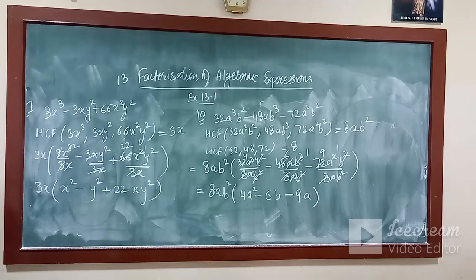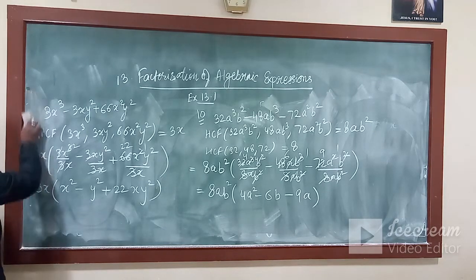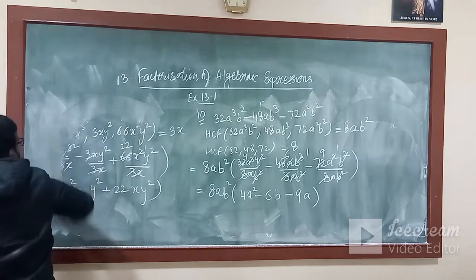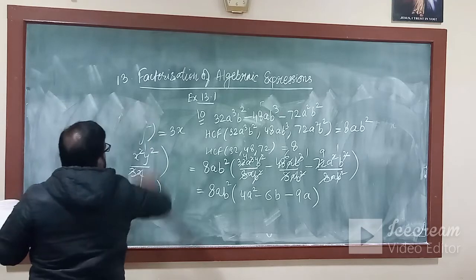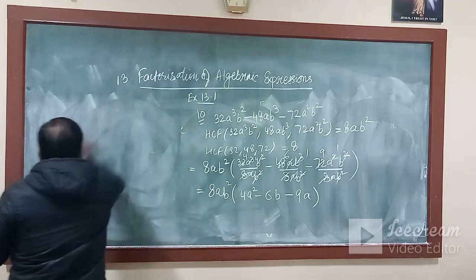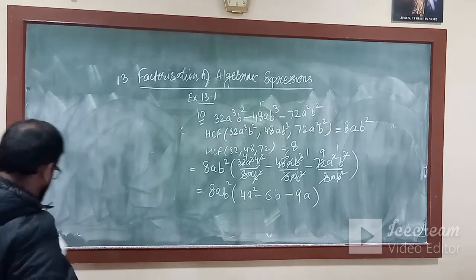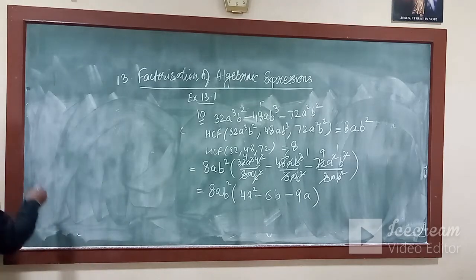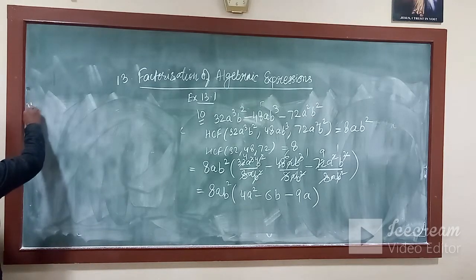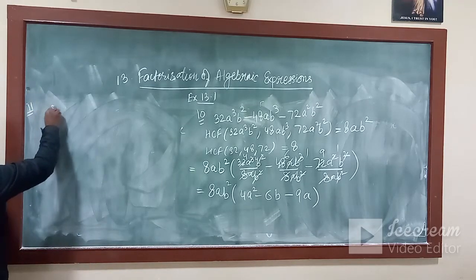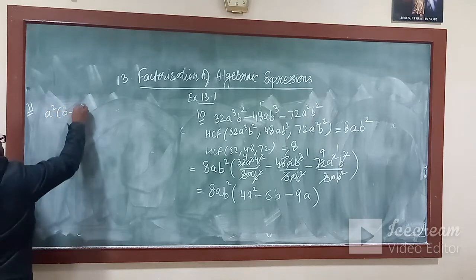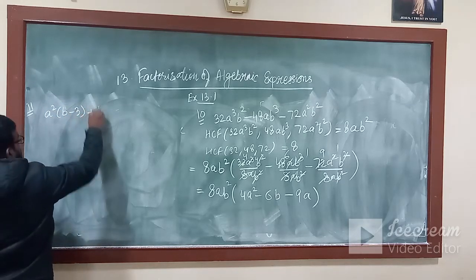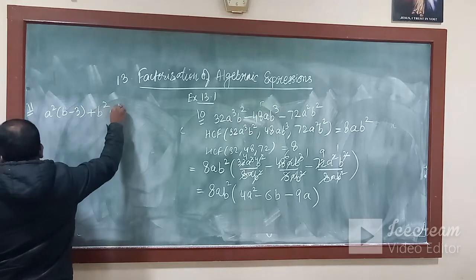Okay. Then let's see a few different types of questions. Now suppose a question is like this: a square (b minus 3) plus b square (b minus 3).